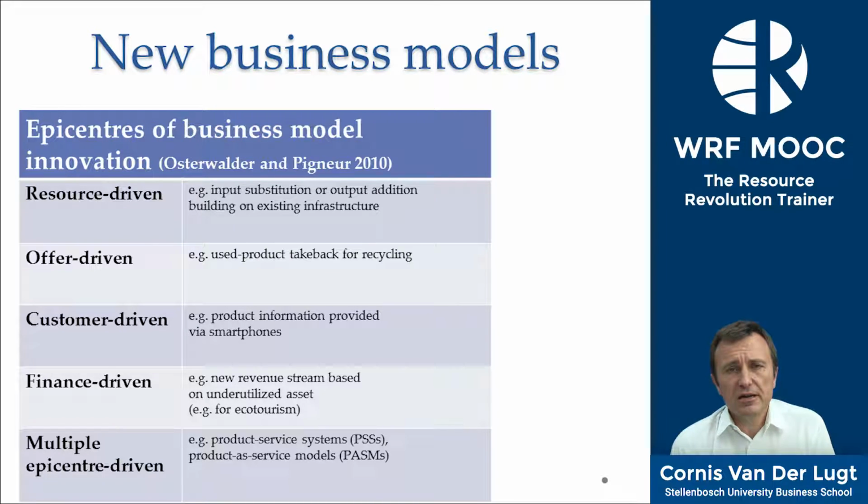Osterwalder and his colleagues identified some epicenters of business model innovation that you see reflected in slide 10. The first epicenter of business model innovation is that of a resource-driven business model innovation. And this may be driven by the need for your company to find a substitution in terms of materials used.